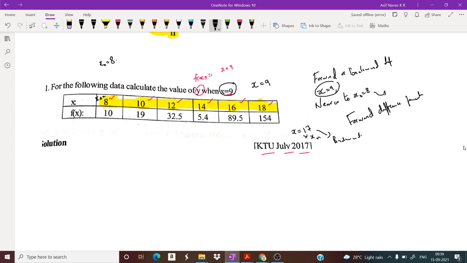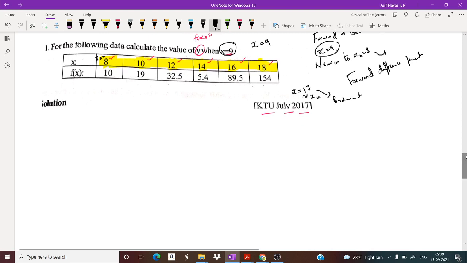If the average is less than that value, you can use backward. Okay, now first we will draw the difference table. There are x values and y values.